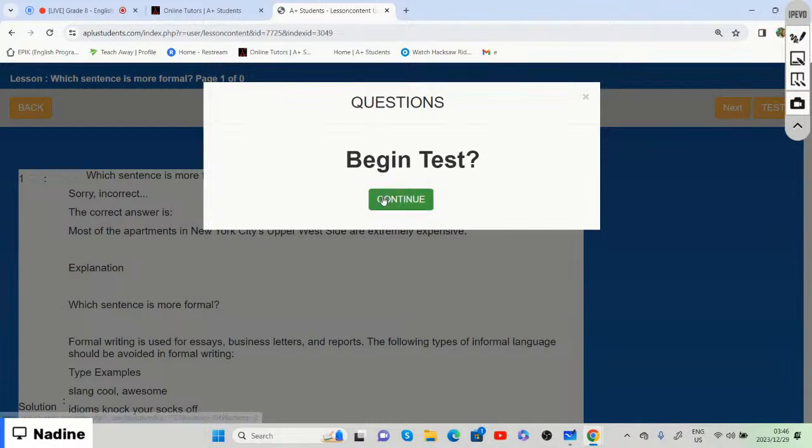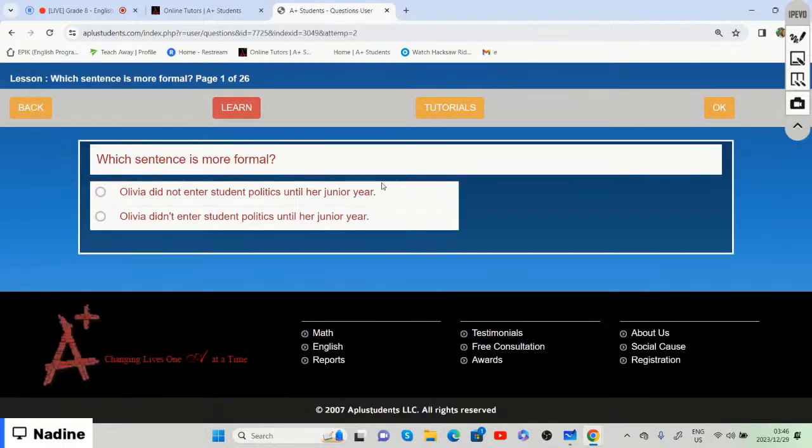All right, let us quickly begin our test and just go over 2 or 3 of our sentences. So, which sentence is more formal? Olivia did not enter student politics until her junior year. Or Olivia didn't enter student politics until her junior year. We need to say which one is more formal.